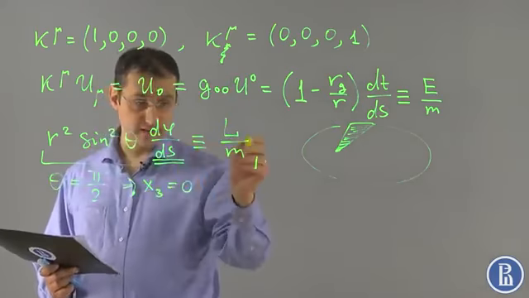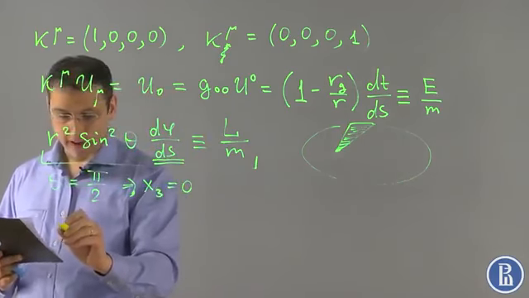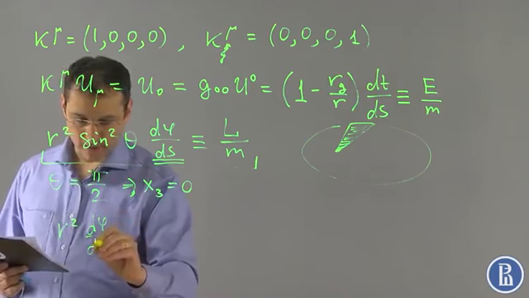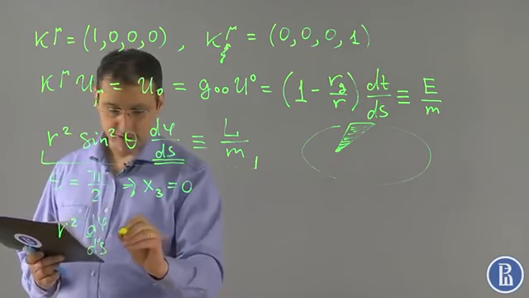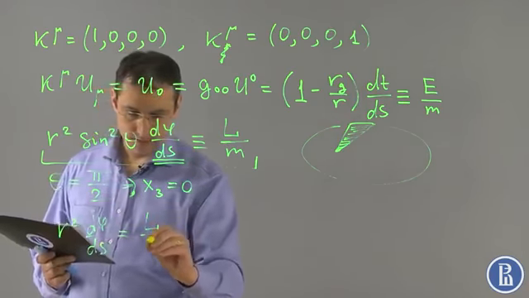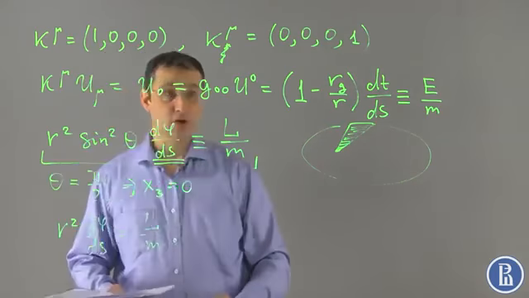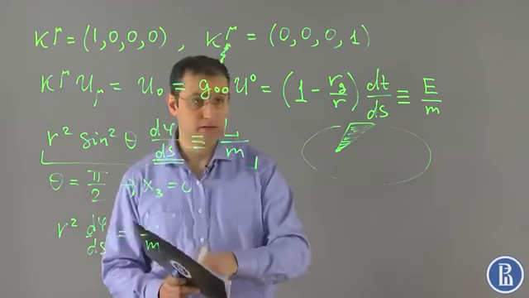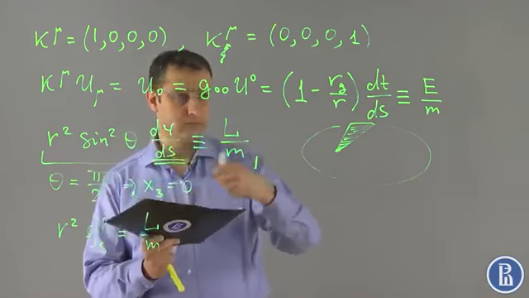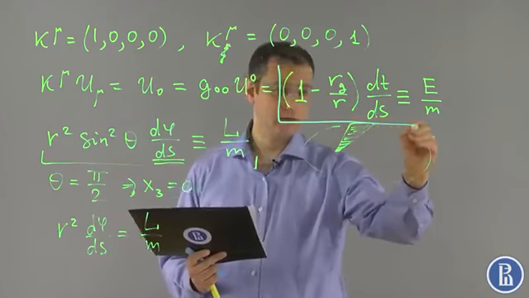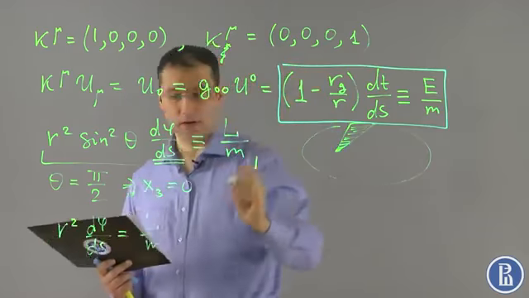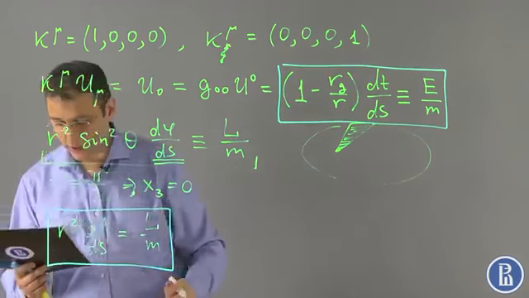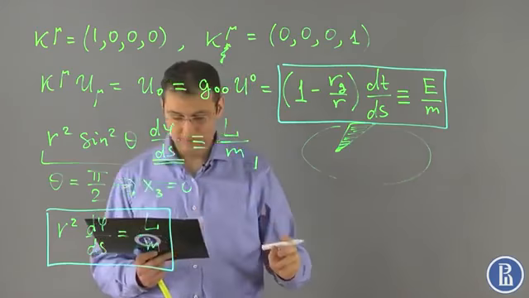And as a result, this conservation law has the following expression: r squared dφ over ds is equal to L over m. So we have these two conservation laws, and we're going to use them now.